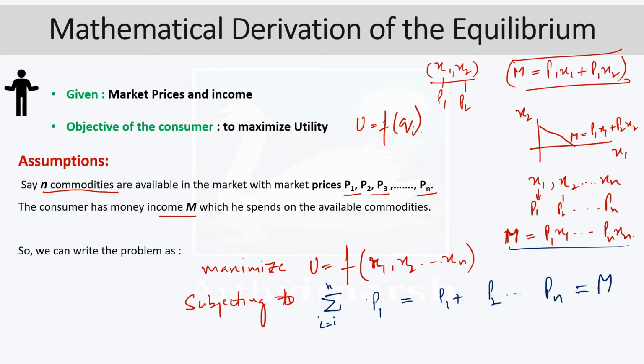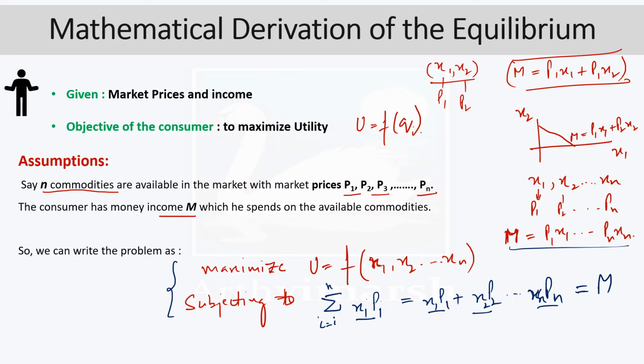So we can write this as quantity times price, and this is Xn and Pn. Don't confuse it with naught, this is n only. So this is the constraint we have in our hands right now.